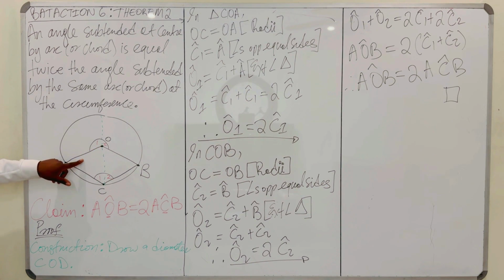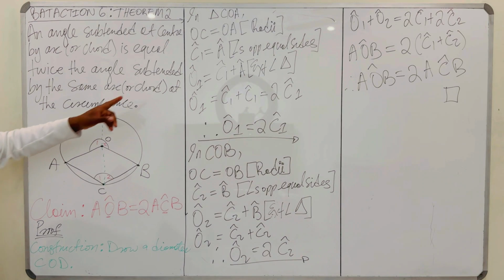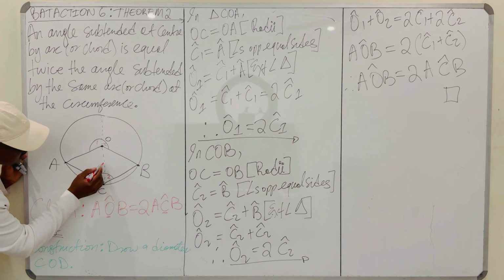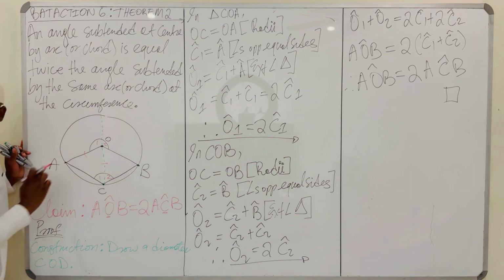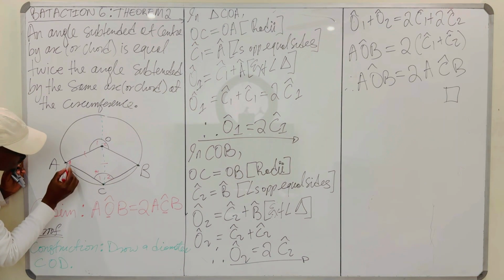I said OA is equal to OC, it's a radius. This is the same proof. Then I said angle C1 will be equal to angle A, because this and this are equal. So this angle here is equal to this angle here.